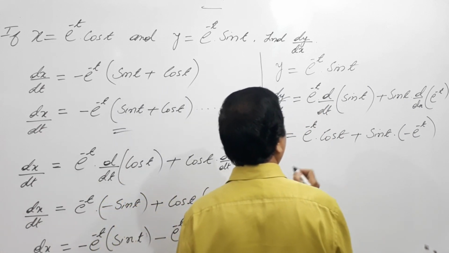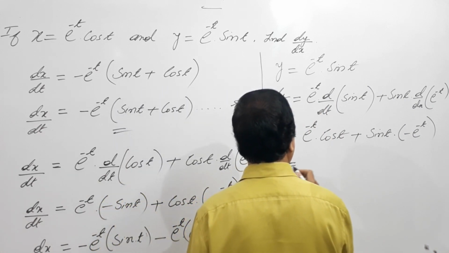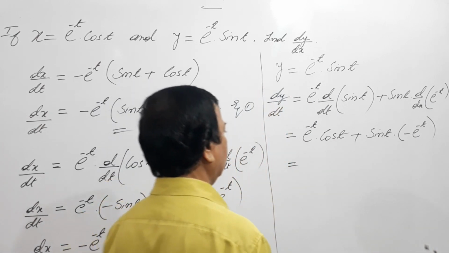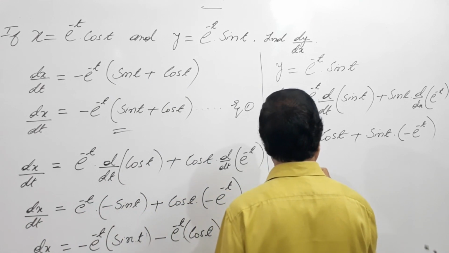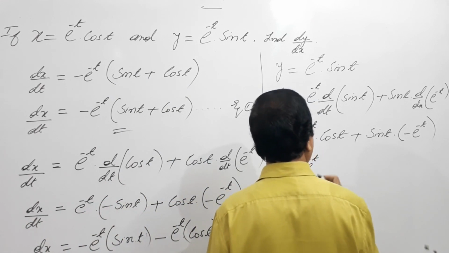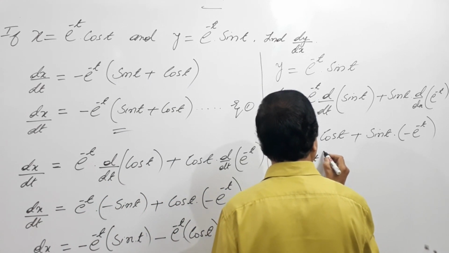So this becomes what? I'll take e to the power of minus t as common.